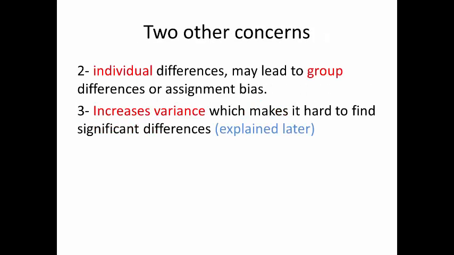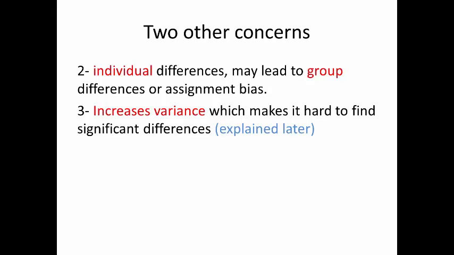The other limitation is the group differences or the individual differences, that because we're dealing with two different groups, there's always possibility that one group is different from the other group in terms of their performance or their characteristics. And the third factor is a chance of the increase in variance.